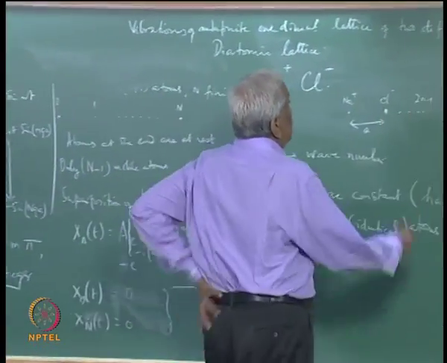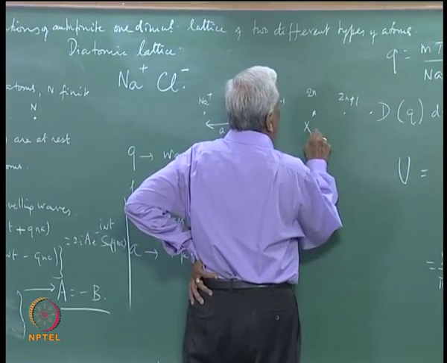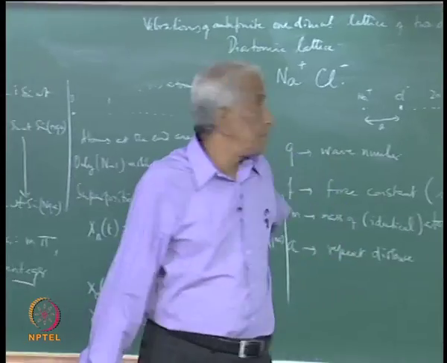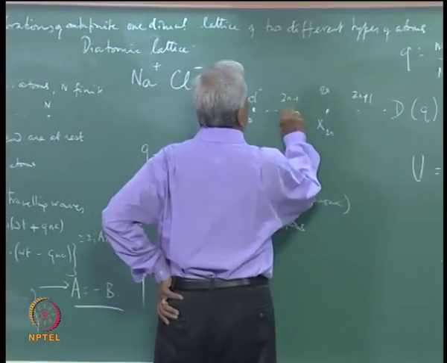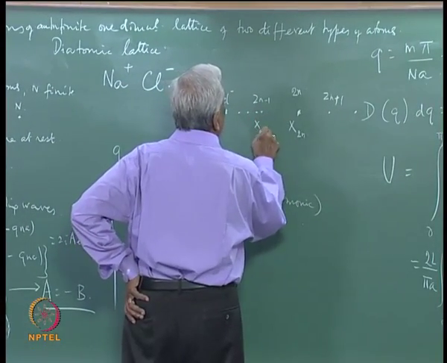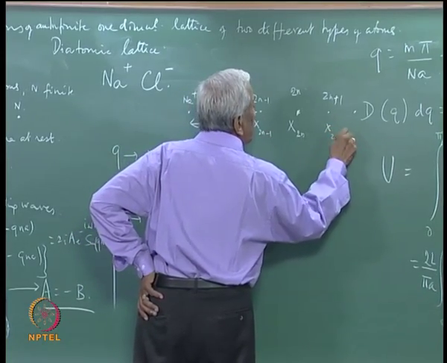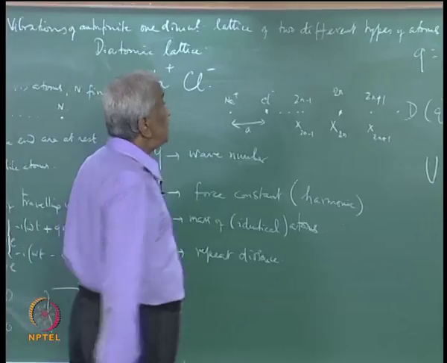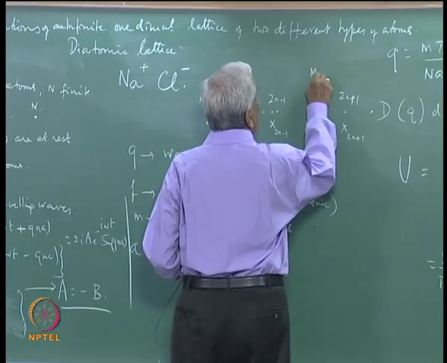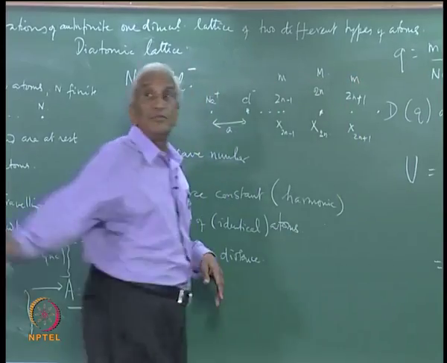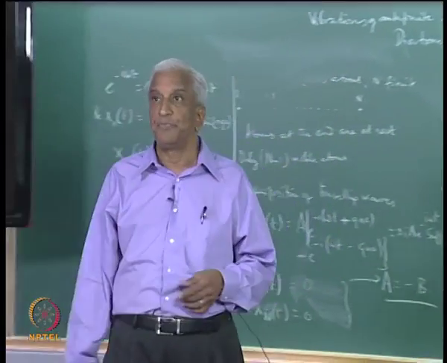The displacement of the 2nth atom is taken as x2n, and the corresponding displacement of this atom is x2n minus 1 and this is x2n plus 1. Now, this is an atom of mass m, while this is another atom, these two are atoms of mass small m.